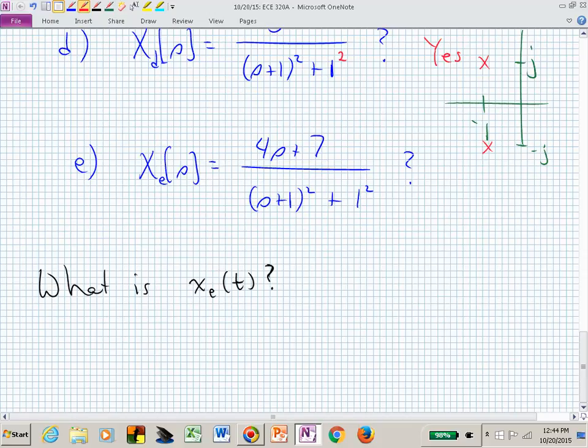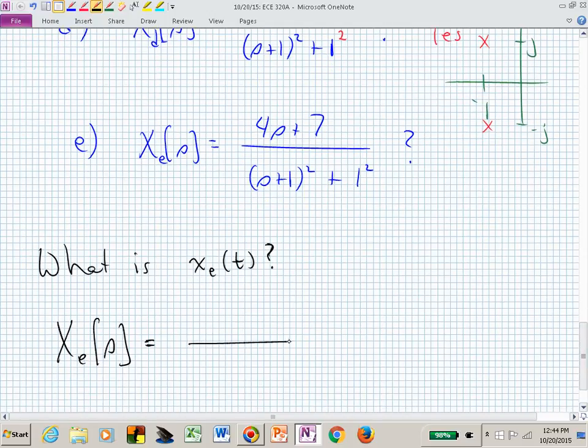They're at -1 plus and minus j1. I can rewrite that as, what would the cosine in the frequency domain look like? If I had a cosine that had these poles, it's an exponentially damped cosine.